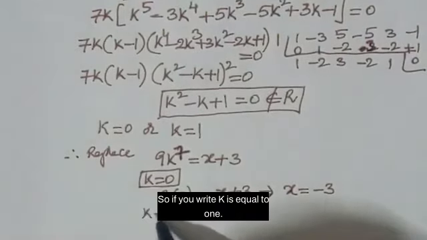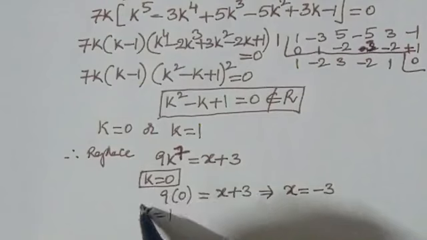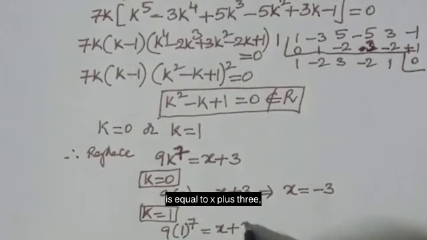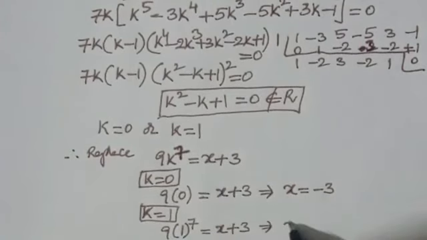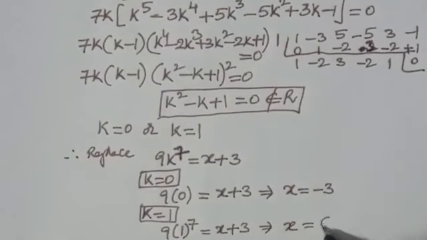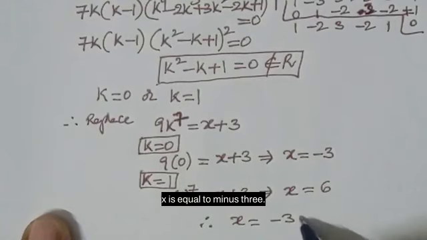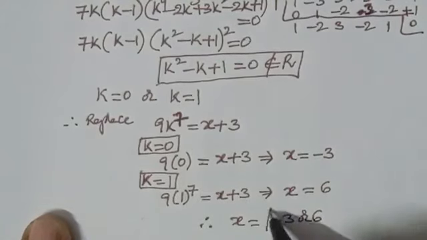If k is equal to 1, so 9 into 1 to the power of 7 is equal to x plus 3, that implies x is equal to 6. Therefore, x is equal to minus 3 or 6.